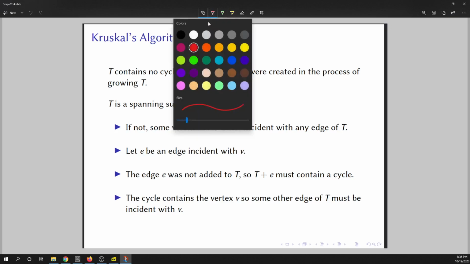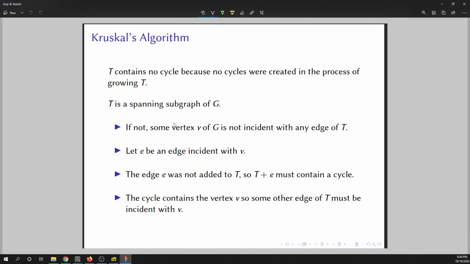So suppose it's not a spanning subgraph of G. What that will do is give us some vertex V that's in G, but not incident with any edge of T. Okay, so in other words, we know that G is connected, and so therefore you can't have an isolated vertex V.